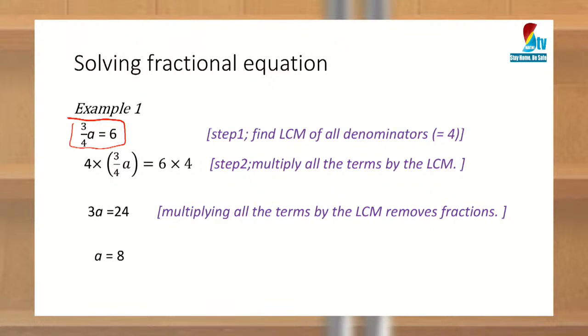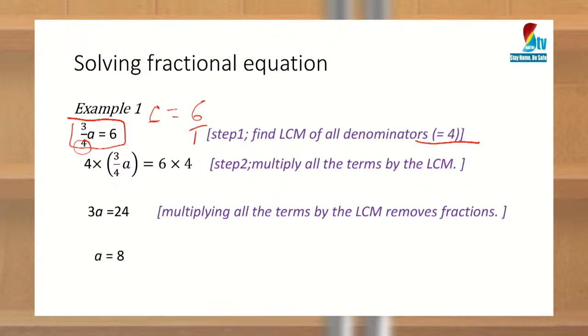Only a is the unknown. So I'm going to have 3 over 4a equals 6. My LCM here is 4, because 6 as a fraction is given as 6 over 1. So 1 can go into 4 and 4 can go into 4. So it means our LCM is going to be 4.